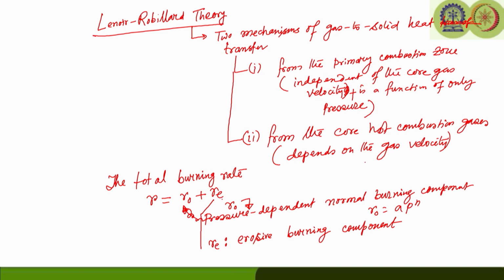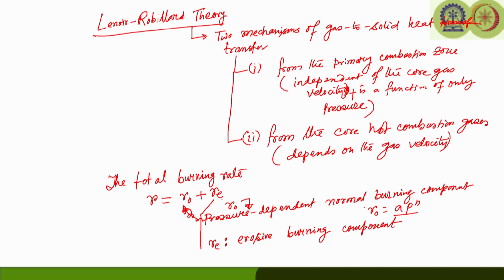If we consider this heat transfer through a boundary layer, the burning rate of a propellant, which was just represented by R equal to a p to the power n, is no longer valid, because since a cross flow is present, there will be some component due to the cross flow, which happens in terms of erosive burning.